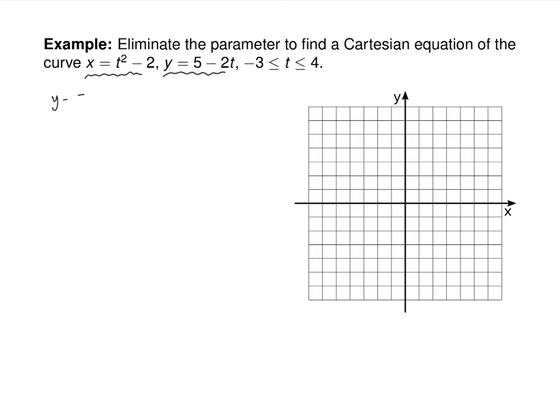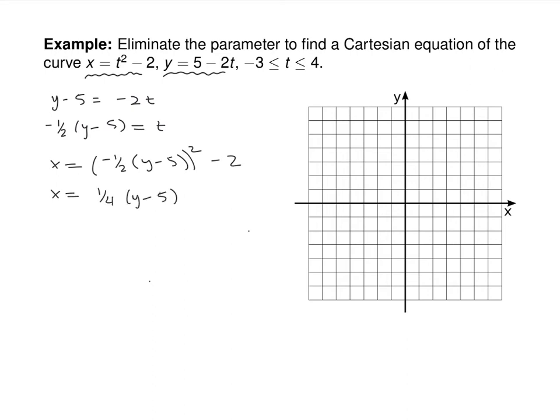So y minus 5 will equal negative 2t, and negative 1/2 times the quantity y minus 5 equals t, and x will equal negative 1/2 times y minus 5, that whole thing squared, minus 2, or 1/4 times y minus 5 squared minus 2. And so that's sort of good enough.